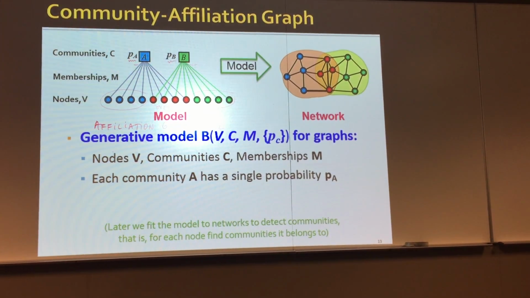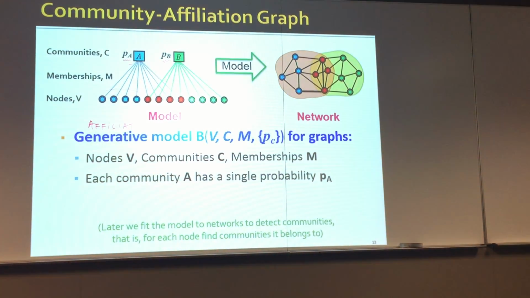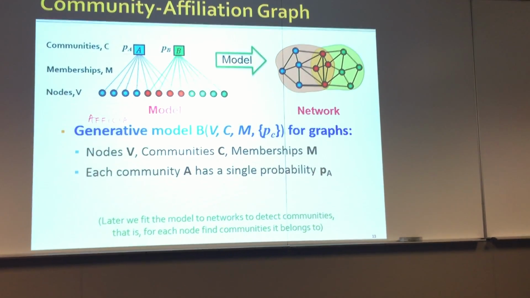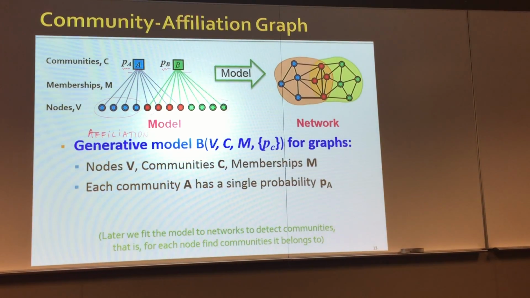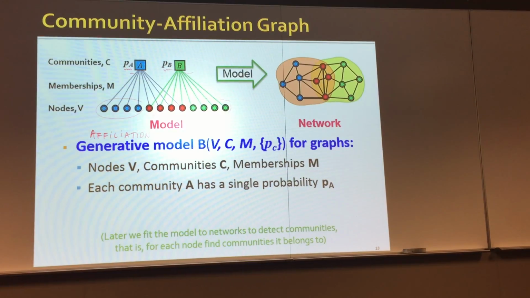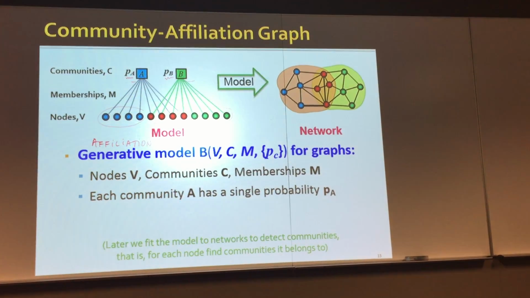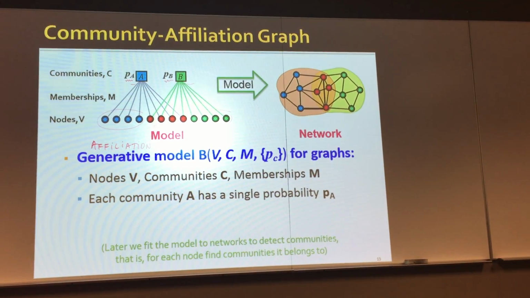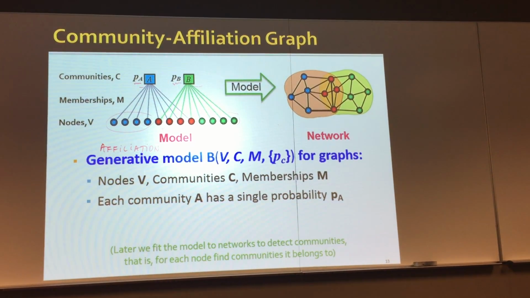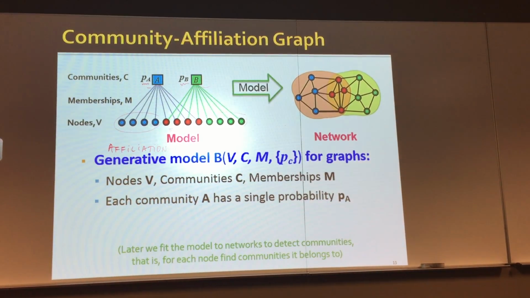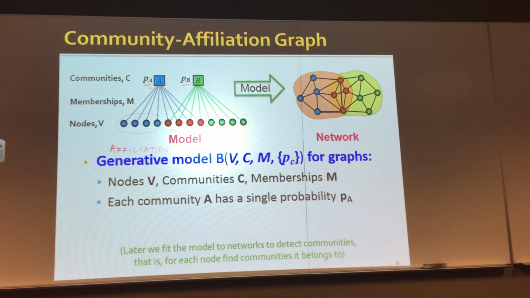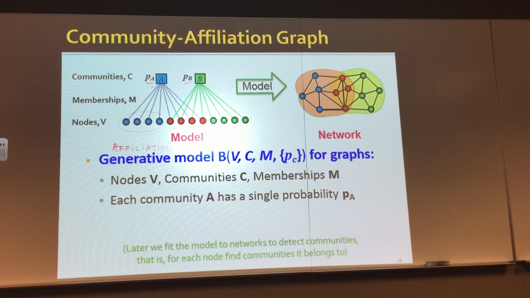So how does this model generate the network? How do we create the edges? If both belong to the same community, let's say they both play soccer and go to the same university, what is the likelihood that a pair of nodes belongs to the same community?